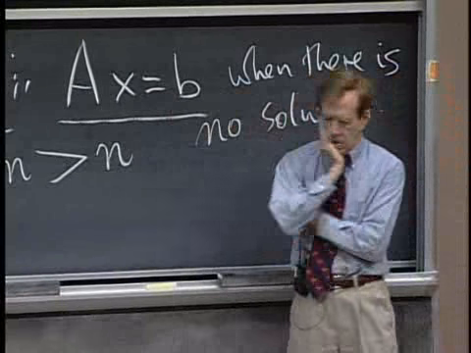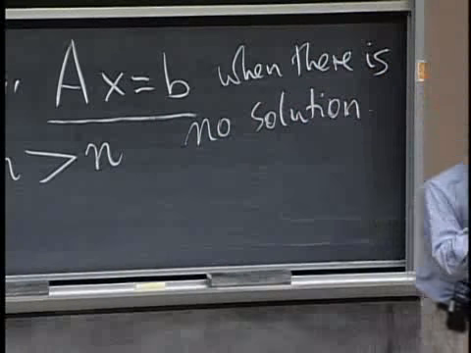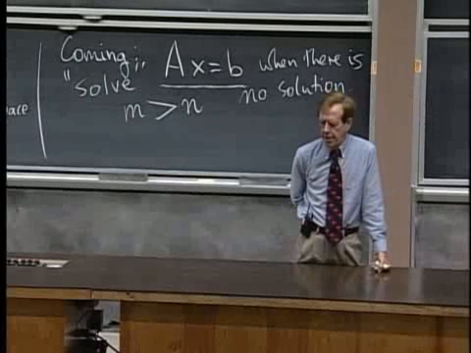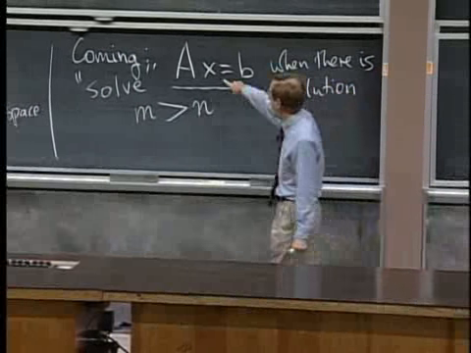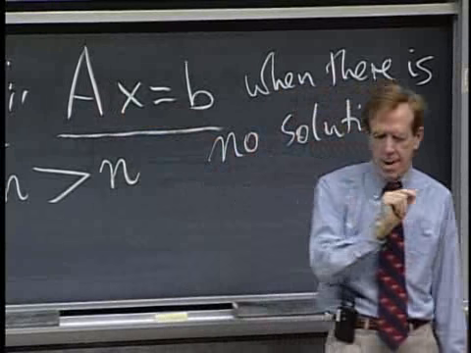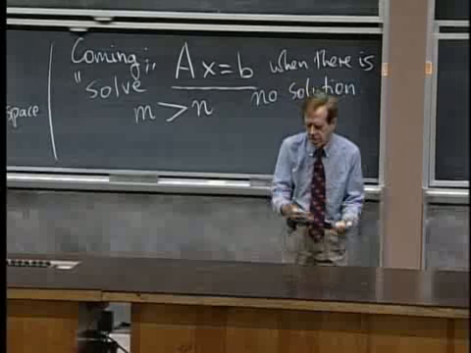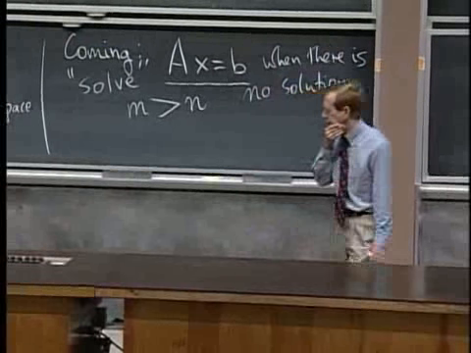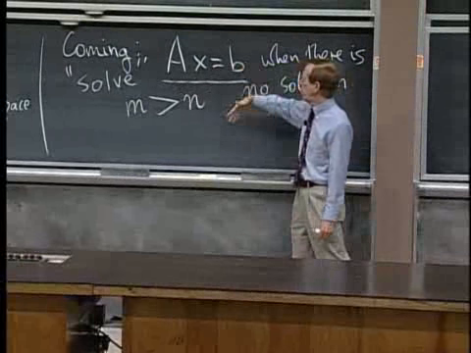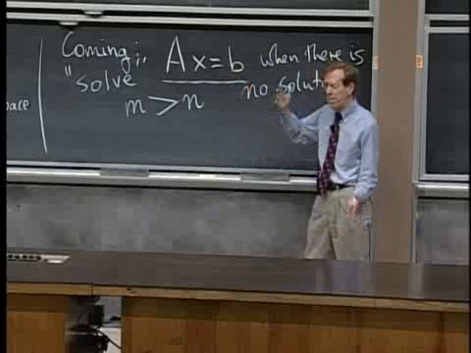But how? Okay. Let me anticipate a matrix that's going to show up. This A is typically rectangular, and chapter 3 was all about rectangular matrices. And we know when this is solvable, you could do elimination on it, right?